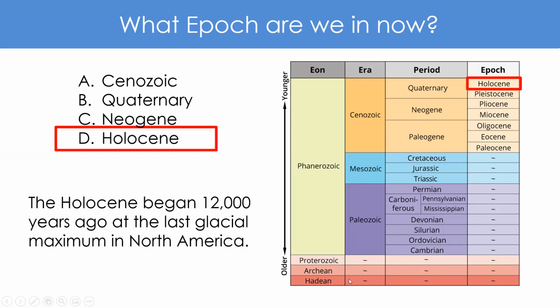The Hadean, the Archean, and the Proterozoic all account for about 3 billion years of the first parts of Earth's history. So these are the biggest chunks of time.